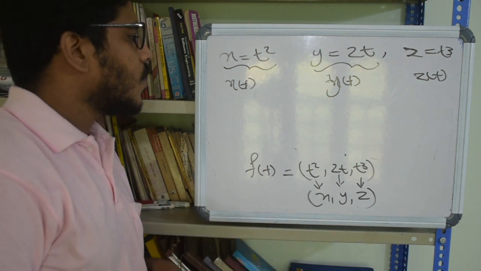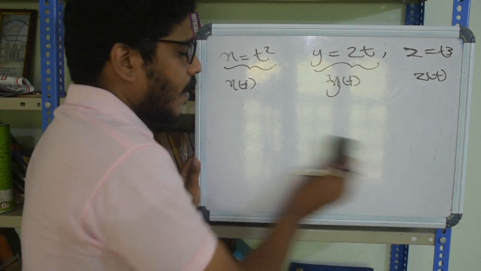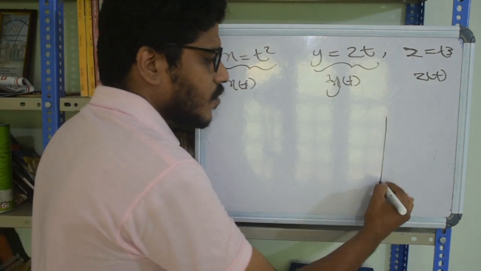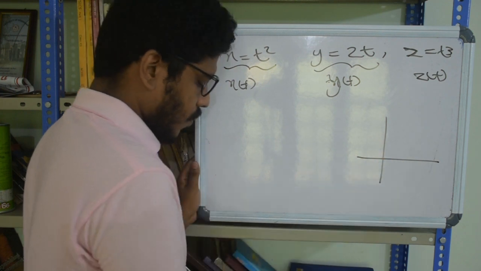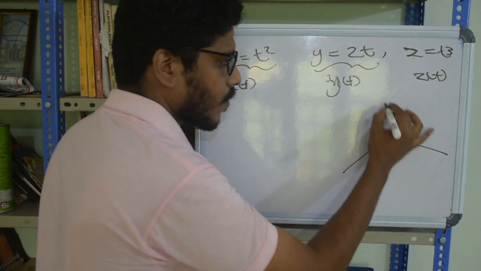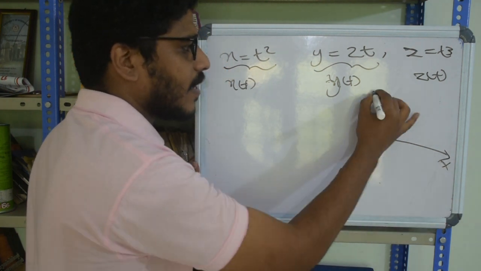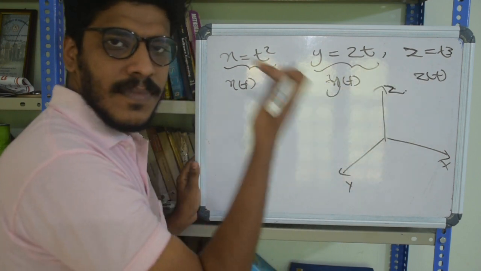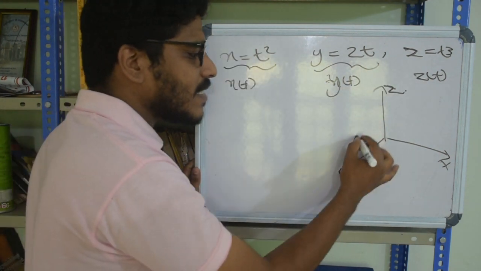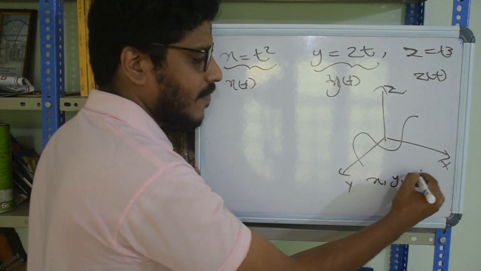If we try to draw a graph in a 3-dimensional space where we have x, y and z, what changes here is the x value, y value and z value.